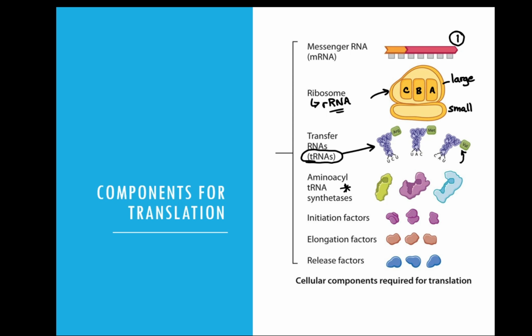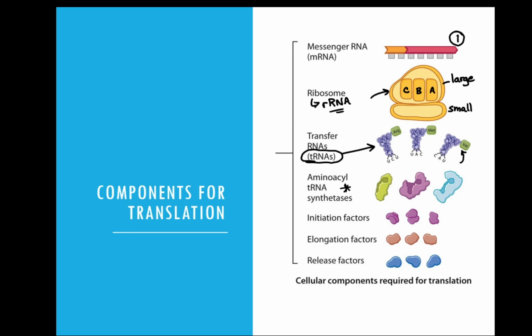Okay, then when we start translation, we have some proteins that help assemble the ribosome and get the messenger RNA in the correct positioning. Those are called initiation factors. Okay, as the peptide synthesis goes on, we have other proteins that help do that. They're called elongation factors.